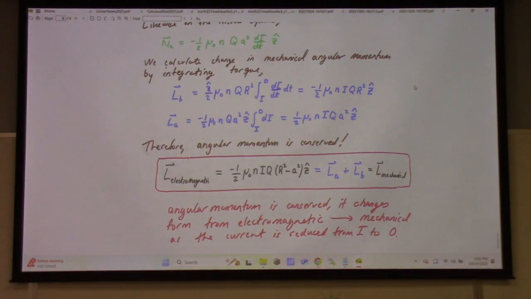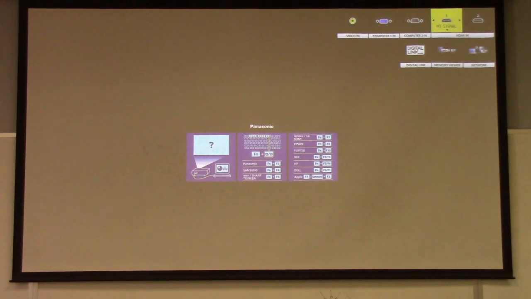Is it possible to use this to launch things and violate the law of momentum? I mean, I think yes.